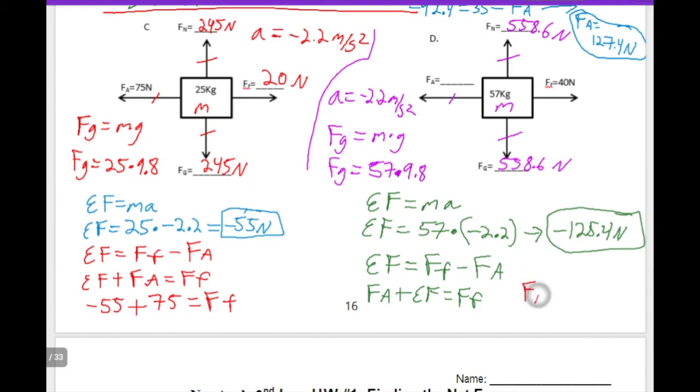So I end up with force applied is equal to force friction minus the net force. When we plug our numbers in, we get force applied is equal to force friction, which is 40, minus, and this is negative 125.4. Plugging all those numbers in, we end up with a final answer of 165.4 newtons.